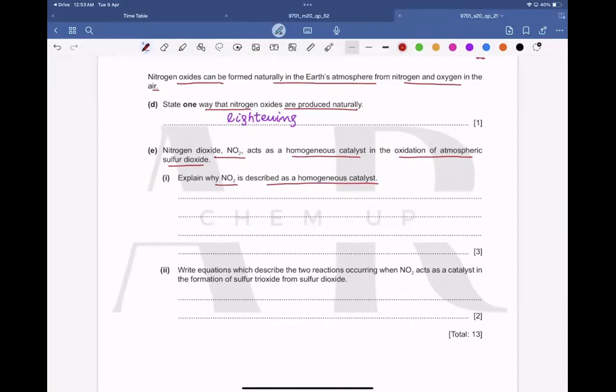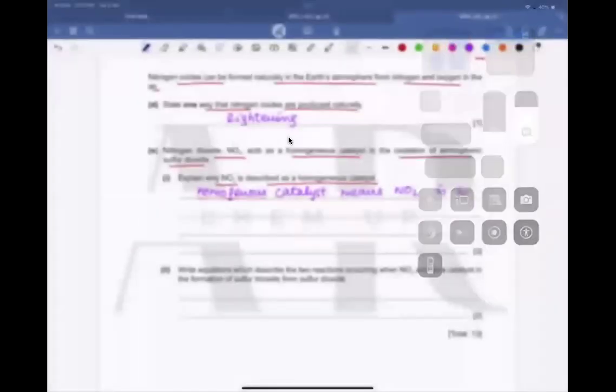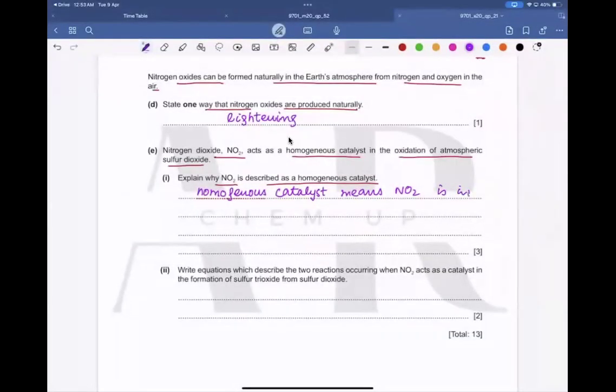Means NO2 is in, let me reshare it. Yes, is it sharing? Is in the same phase as the reactant.